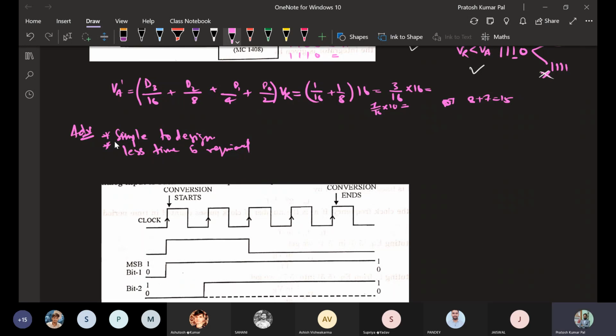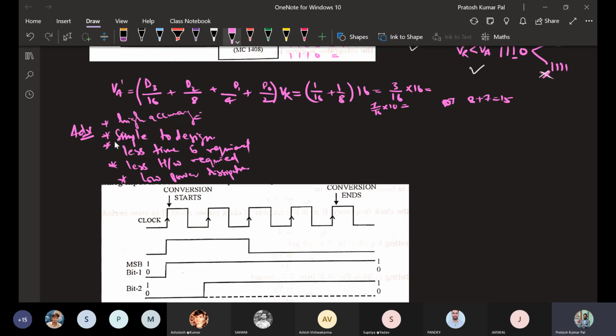If we talk about hardware requirement, less hardware is required. If less hardware is required, it means low power dissipation. And also one of the advantages is its accuracy is high.